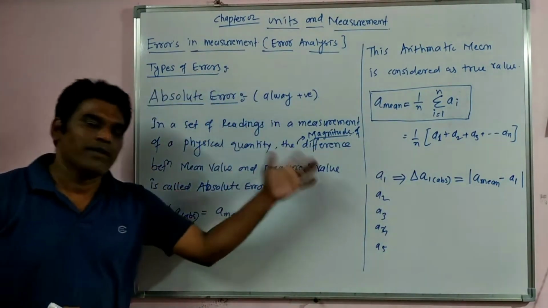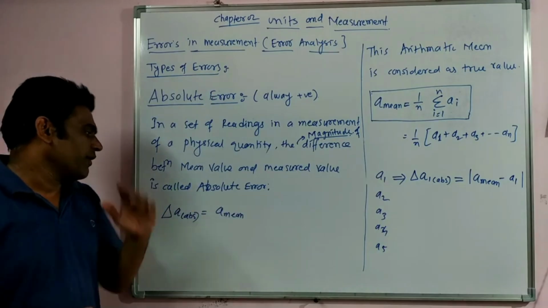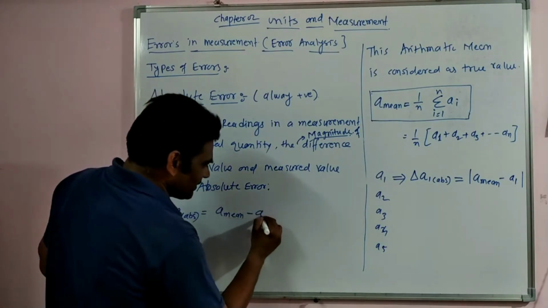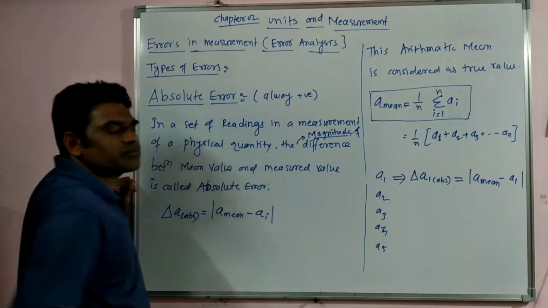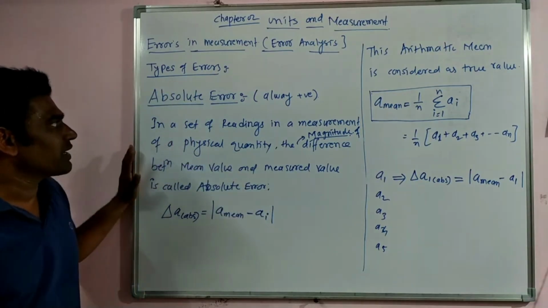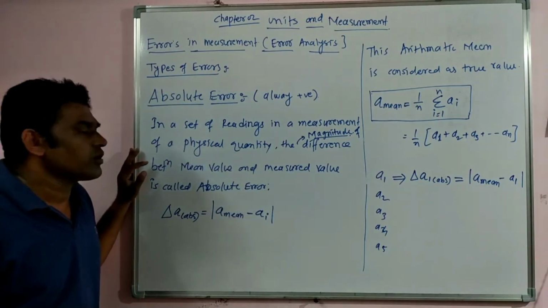So absolute error is A mean minus that particular reading, and its mod. Okay, in this way we can write the mathematical expression for absolute error.